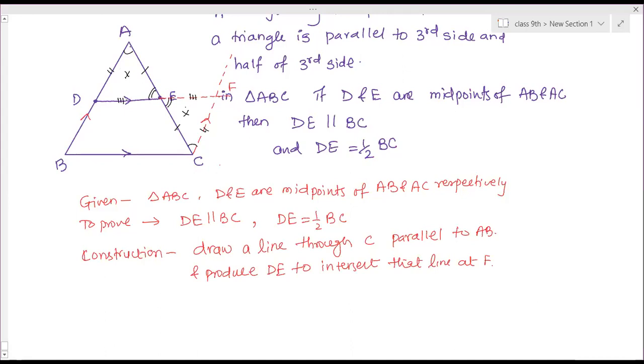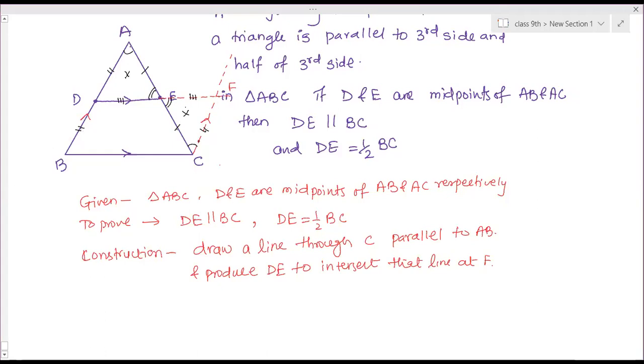Now, D is the midpoint of AB. So AD is equal to DB. AD and DB are equal, and CF and AD are also equal. So CF is equal to DB. CF is parallel to DB by construction, and we have proved DB and CF are equal.